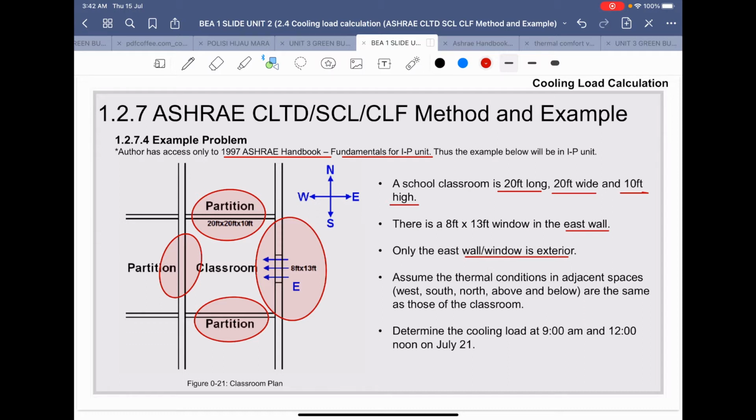So we assume that the thermal conditions in the adjacent spaces for the west, south, north, above and below are the same as those in the classroom because there is no contact with the outdoor air or outdoor temperature. The question is, we have to determine the cooling load at 9 AM and 12 noon on July 21st.